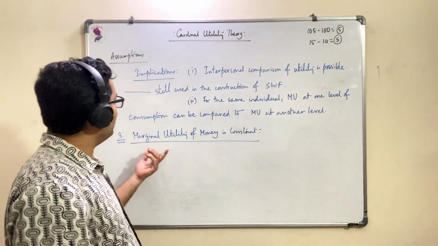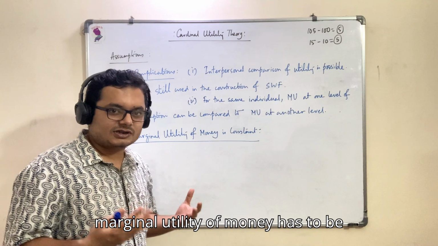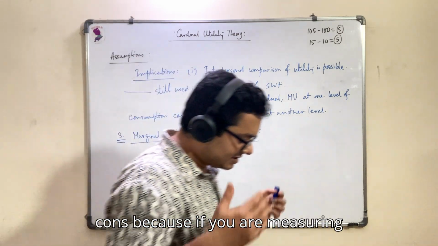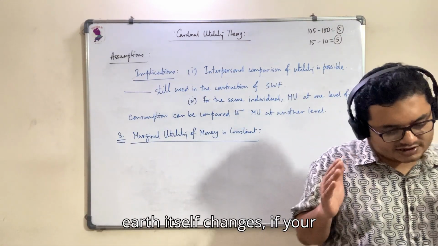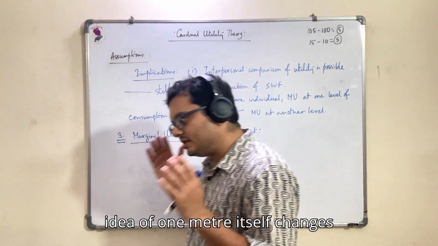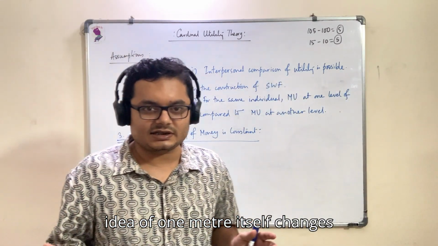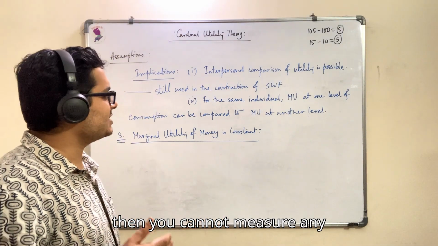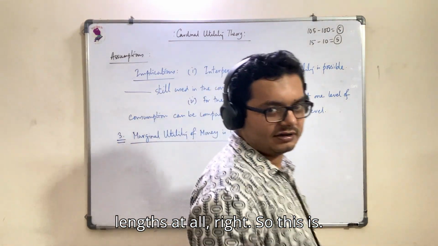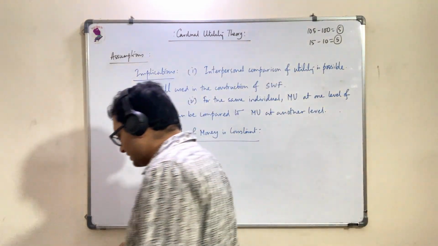So that is why marginal utility of money has to be constant, because if your measuring rod itself changes, if your idea of 1 meter itself changes, then you cannot measure any length at all, right? So this is that assumption.